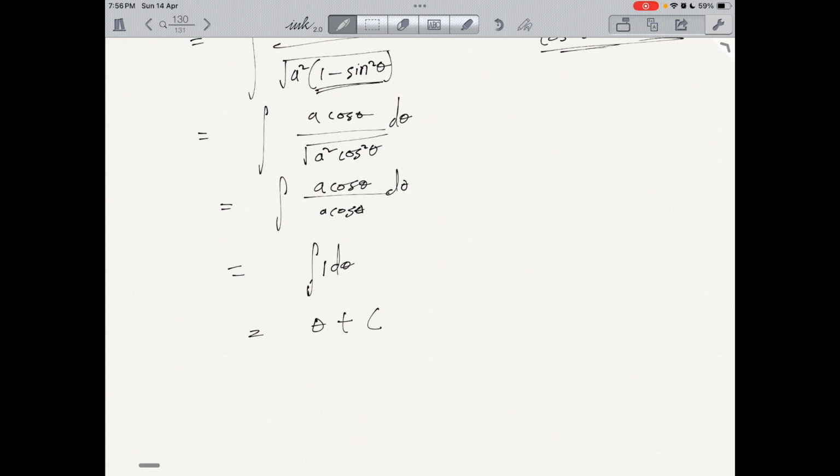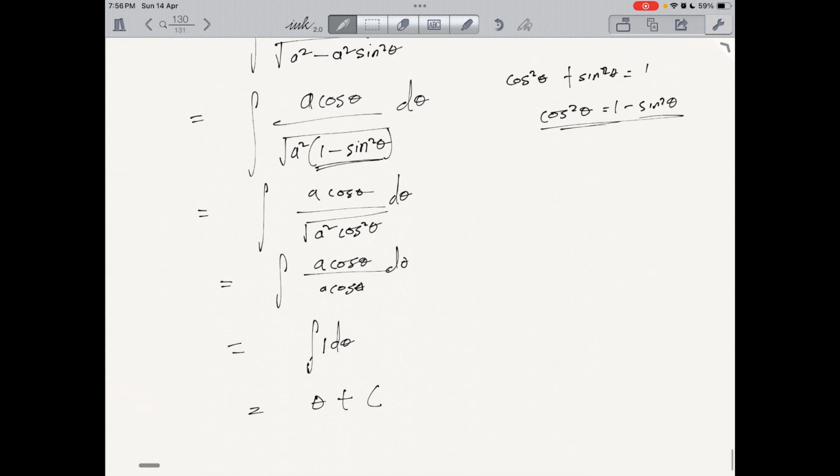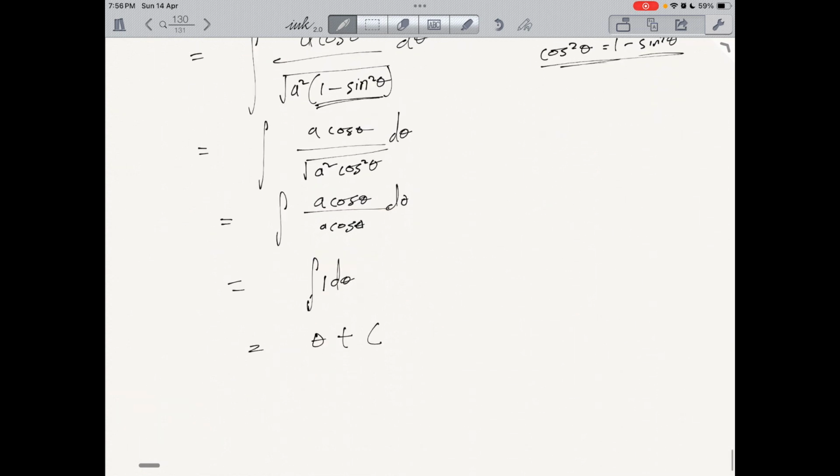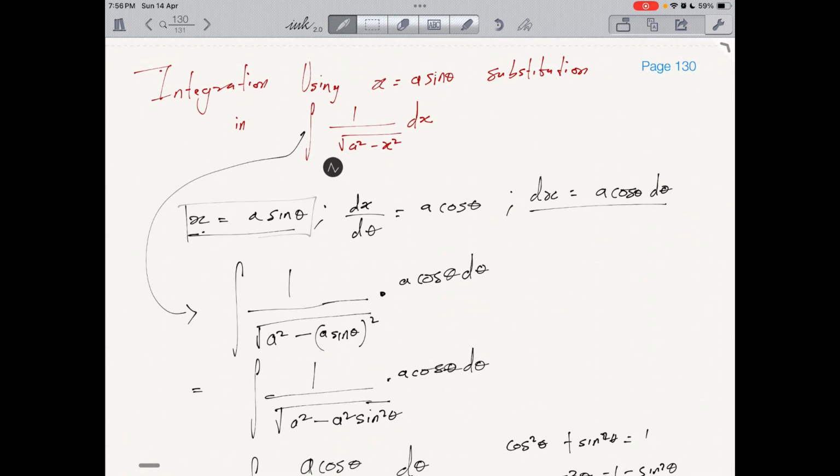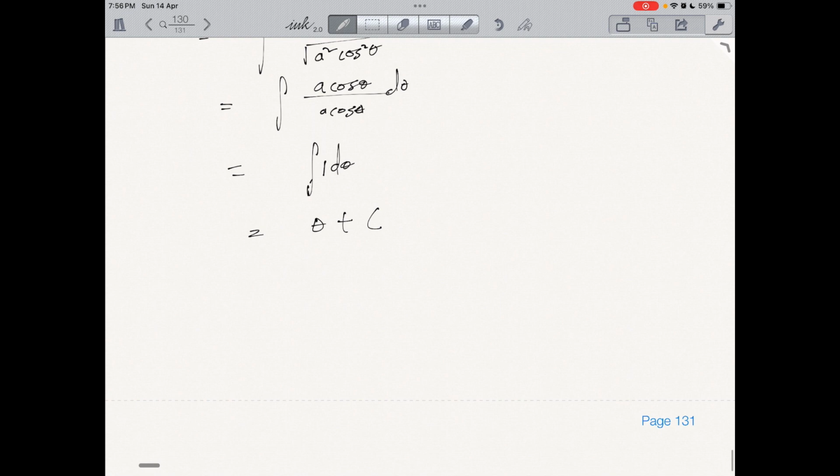Now what is theta? Remember, we are using the substitution of x equals a sine theta. So if x is equal to a sine theta, therefore theta is equal to arc sine x over a.